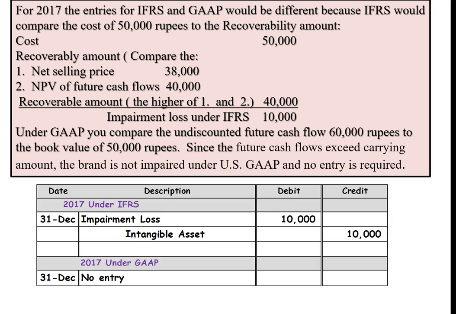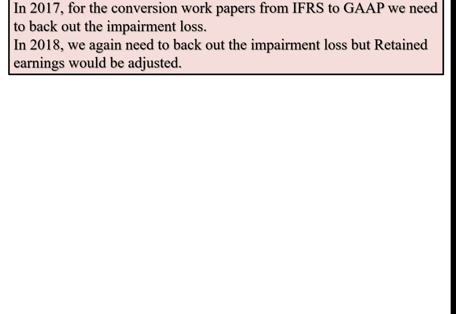So here are our journal entries for 2017. There would be no journal entry in 2018 because we would have already taken care of the impairment loss, so there would be no journal entries at all.